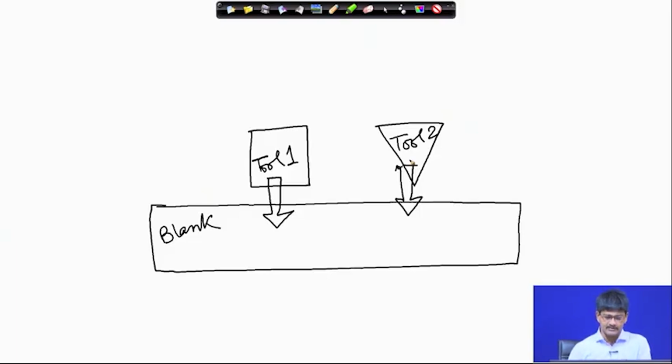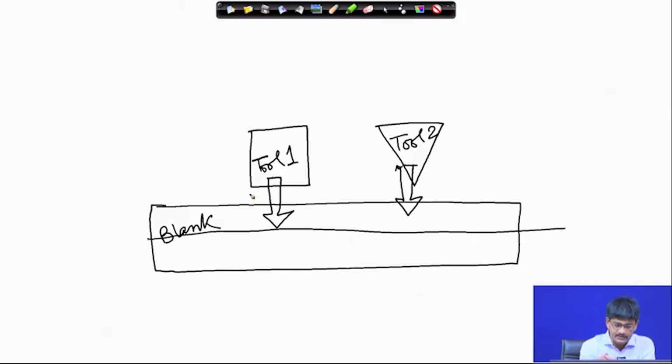Obviously, in this case, if a definite shape is not a basic requirement, that is, suppose someone says this is the shape I want reproduced here, if that is not an issue, then suppose you want to remove material up to this point. In that case, this comes down, I apply forces so that it comes down right up to this point, and then suppose you move it this way.